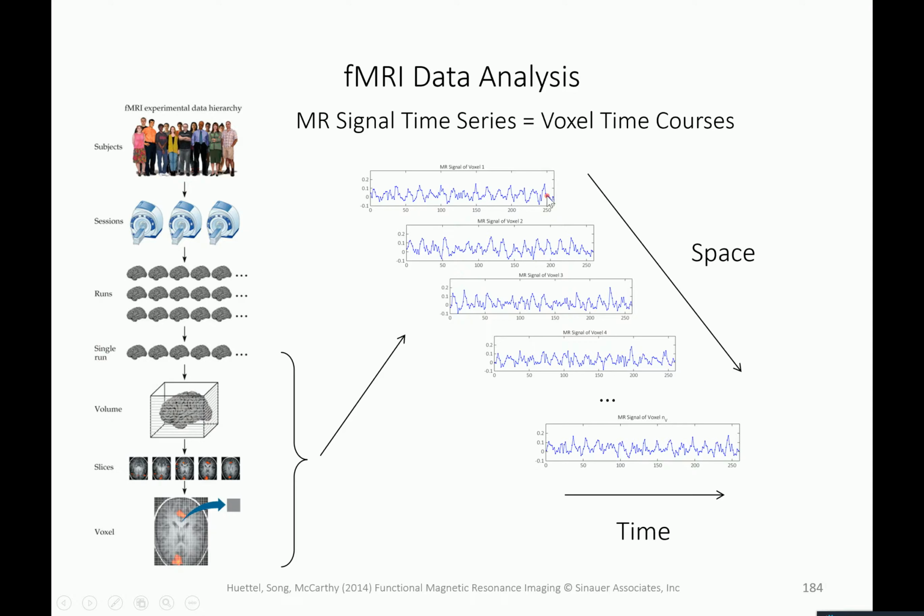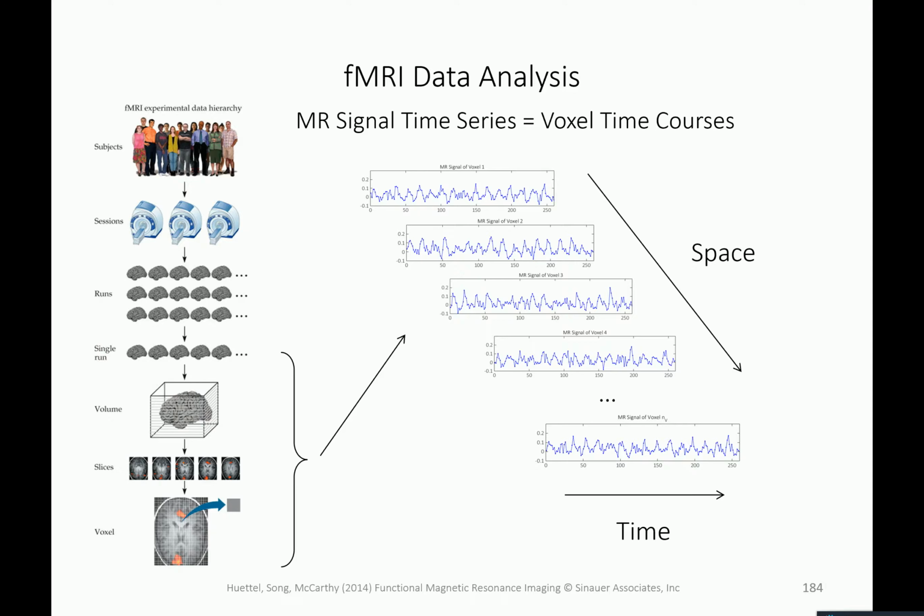So you have a time series for each voxel. So you have a spatial domain there, and you have a temporal domain. Yeah? So this is what you should always keep in mind when data analysis starts. Usually how the data are organized are actually files per time point, so that you have a file that holds the data for all voxels for a given time point, and then if you have acquired, let's say, 150 time points, you have 150 files.